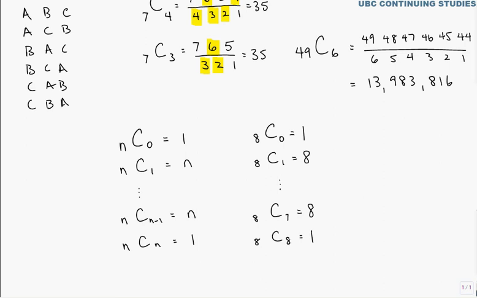You're choosing one thing out of 8. There's obviously 8 ways to do that. Let's go to the other end. If you're choosing n minus 1 objects from n objects, for instance, choosing 7 objects out of 8, you can do that 8 ways. Again, it's just like choosing 1 object to be left behind. If you have 8 objects and you're choosing all 8, there's only one way to do that. So there's a nice symmetry in the combination calculations.